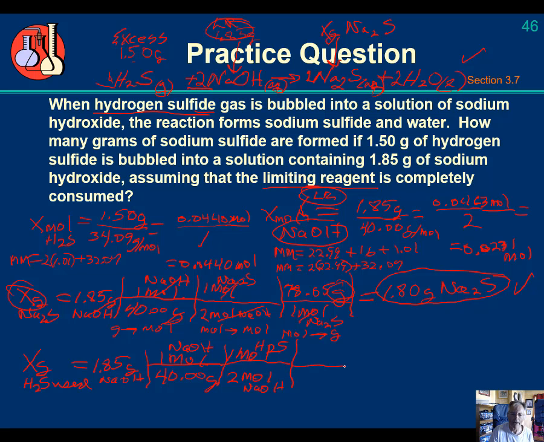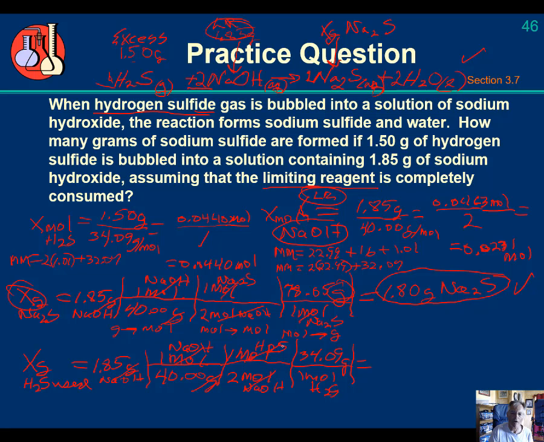And then 1 mole of H2S weighs how many grams? It weighs 34.09 grams. And we're figuring out how many grams of hydrogen sulfide that we used, completely consuming all of the limiting reactant, the sodium hydroxide.